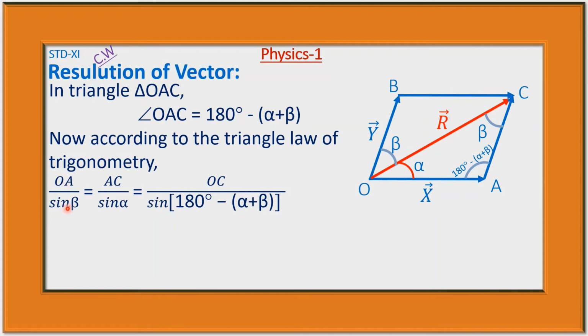And AC side, the opposite angle of AC side is alpha, therefore it is AC divided by sin alpha. Here the opposite angle of OC is 180 degrees minus (alpha plus beta), so it is OC divided by sin(180 degrees minus (alpha plus beta)).